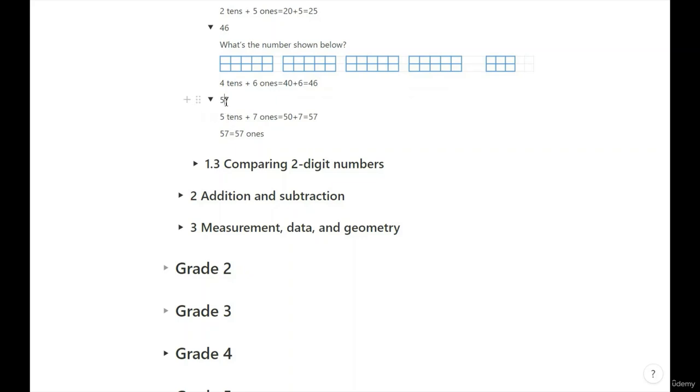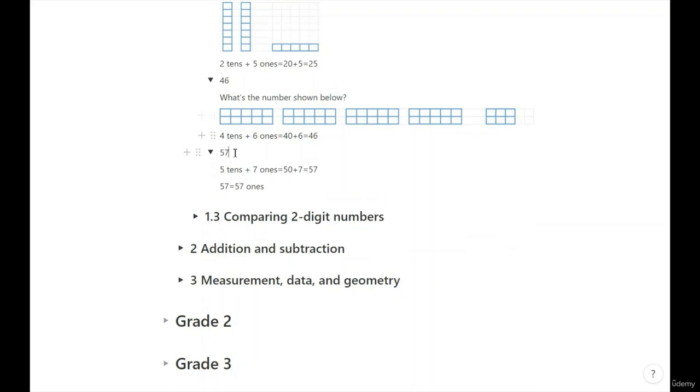Next one, how to understand 57. So it's 5 tens plus 7 ones is 50 plus 7. So it's 57. So this 5 is the tens place. This 7 is the ones place.